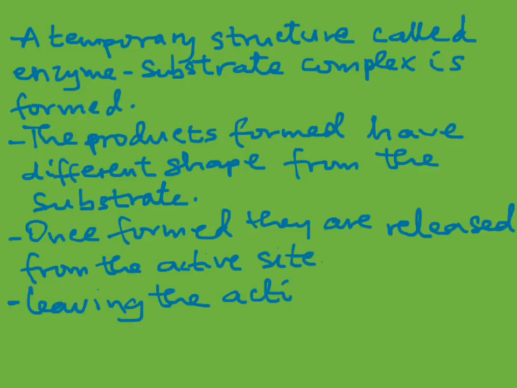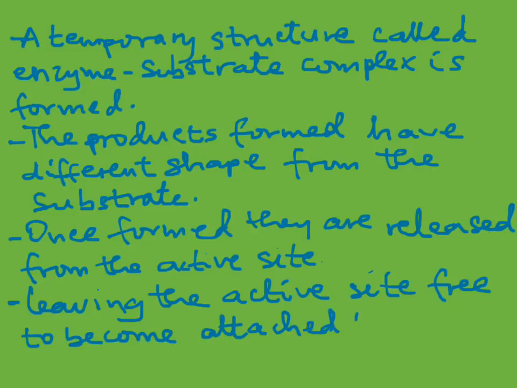And once these products are formed, they are released from the active site. That is why I said that when the enzyme substrate complex is formed, this leads to the enzyme product complex. And immediately the enzyme product complex is formed, it is short-lived. It is very, very temporal.